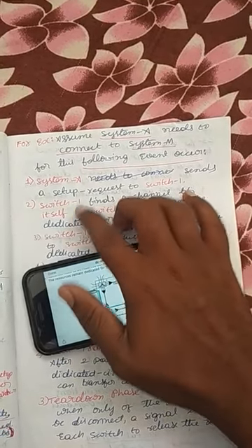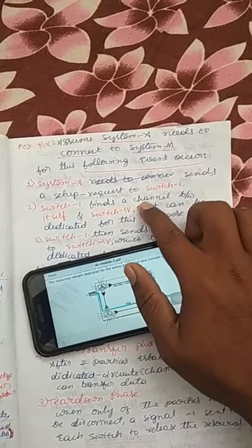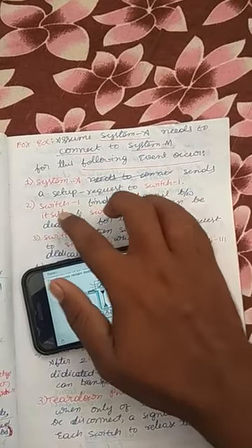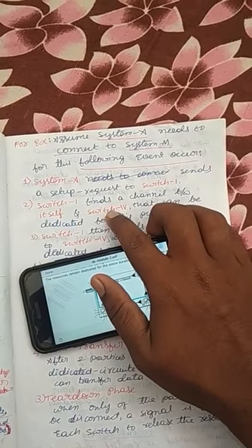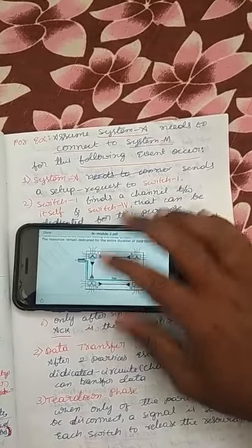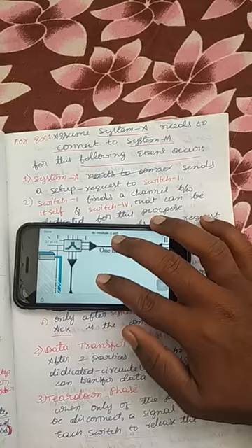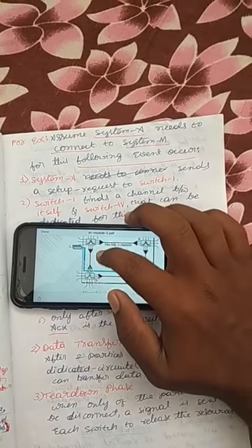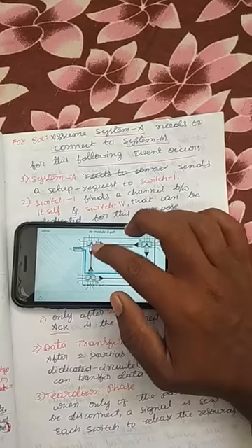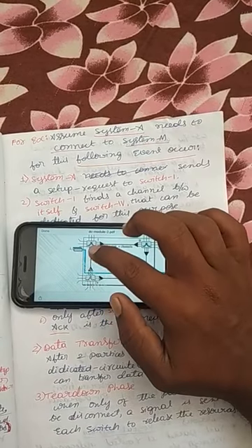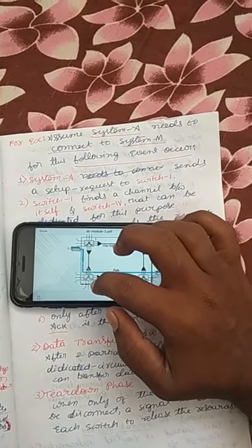Next, switch 1 finds a channel between itself and switch 4. Where is switch 4? Here is switch 4. Means switch 1 is going to find a channel between 1 and 4 itself.